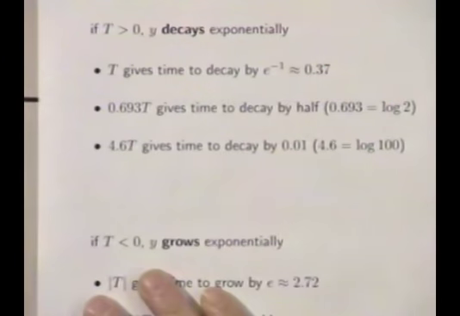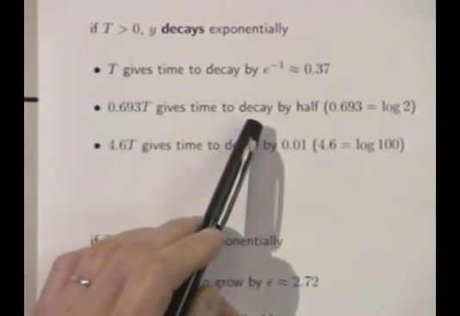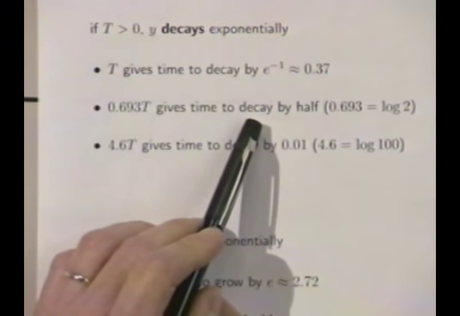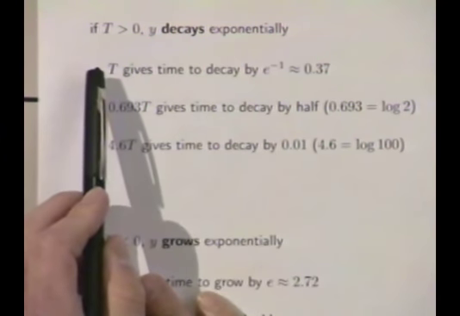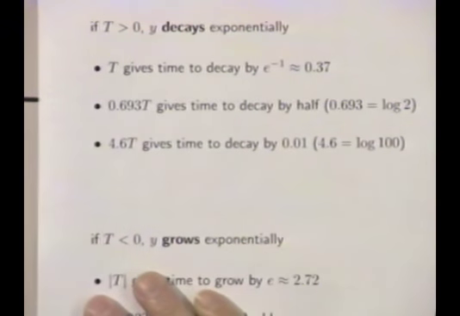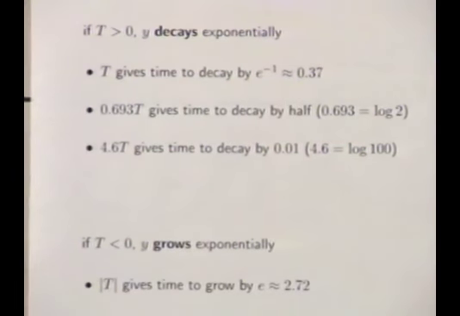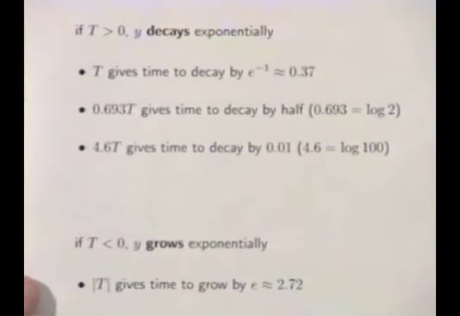Another one is people just say 0.7 T is the half-life, is another way to say it. So what I'm saying is e to the minus 0.7 is 1/2. So that's the half-life. And exponential decay, of course, is observed in just a vast array of fields. Every field has a different name, but actually after a while you start realizing that they're all the same.